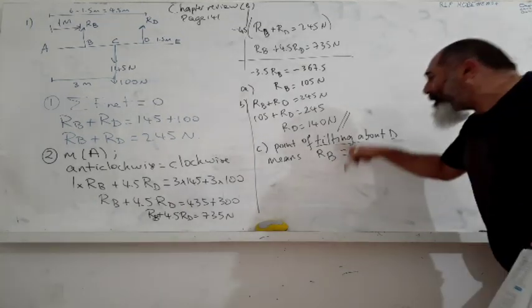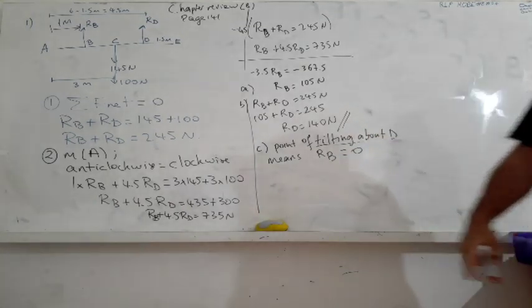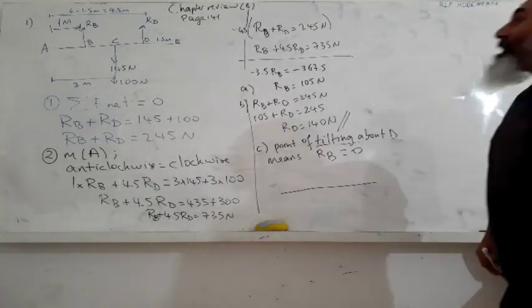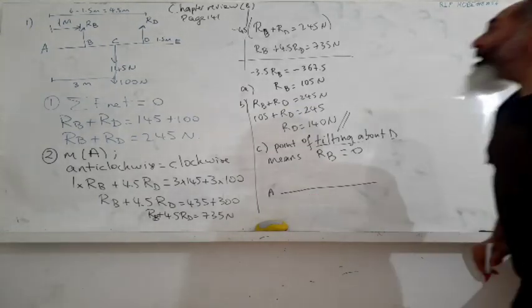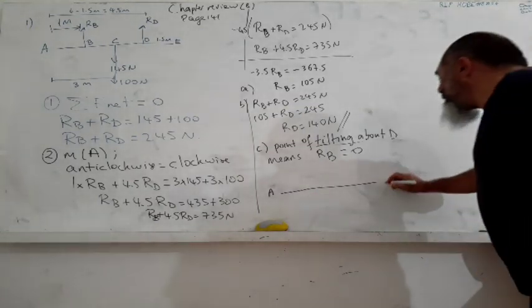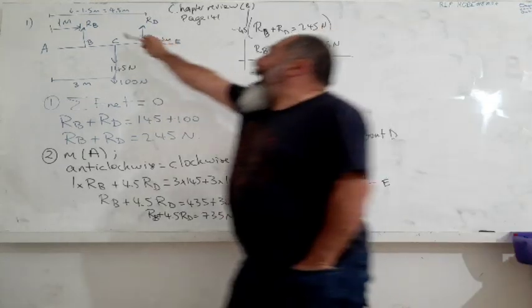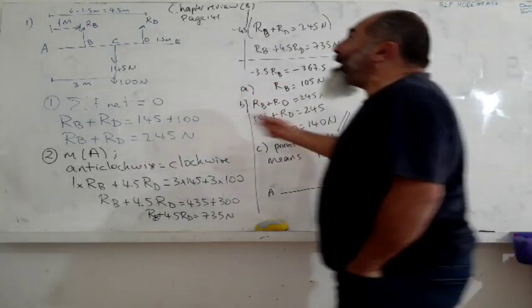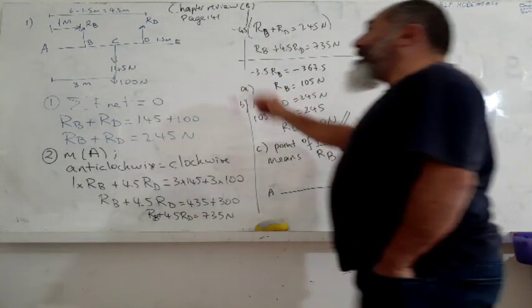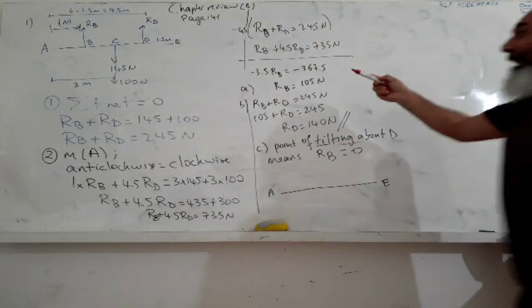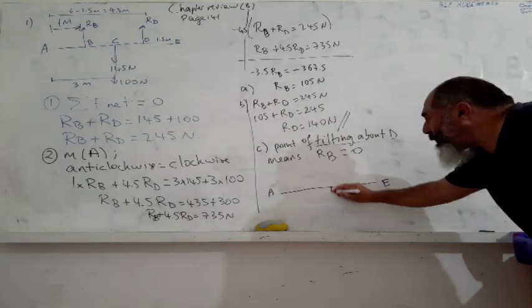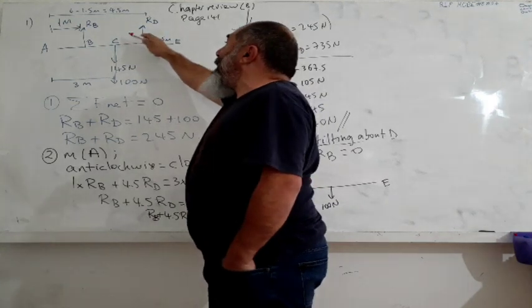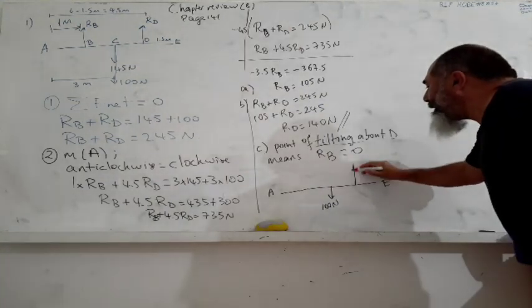So we have to redraw the diagram again for the question. This is point A. This is point E. No RB there because it is going to be tilting about D, means no RB there. Still, we have center of mass pointing downwards, 100 newtons. Remember, the child has changed its position, comes somewhere here, but you don't need to know its place.